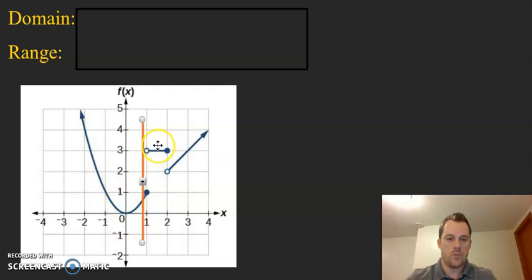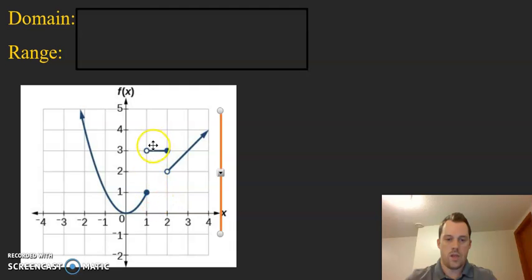And then we jump up to this piece. This open circle tells us that 1 is not included. So if both of these points were included, that would not be a function because our x would repeat. So it goes from negative infinity to 1 here, and then it goes everything greater than 1 but not including 1 to 2 here, and then it jumps down here, so everything greater than but not equal to 2 to infinity as we go here.